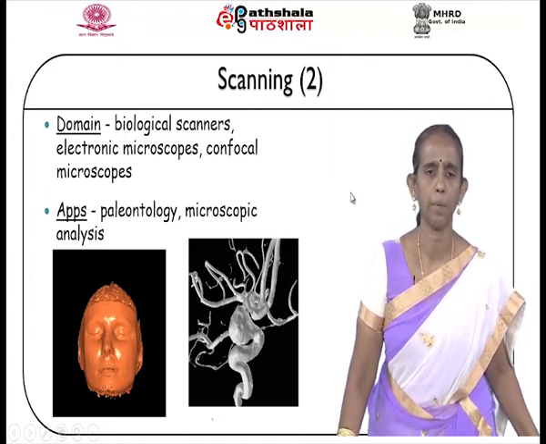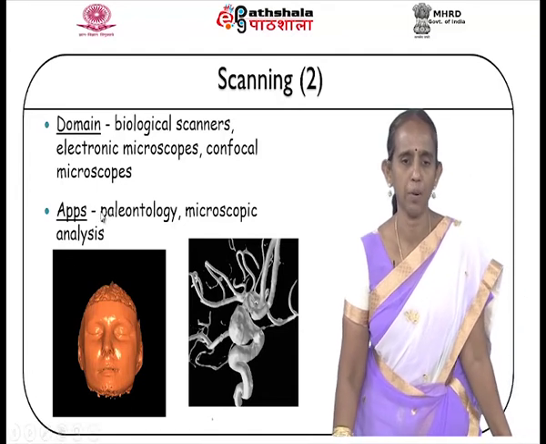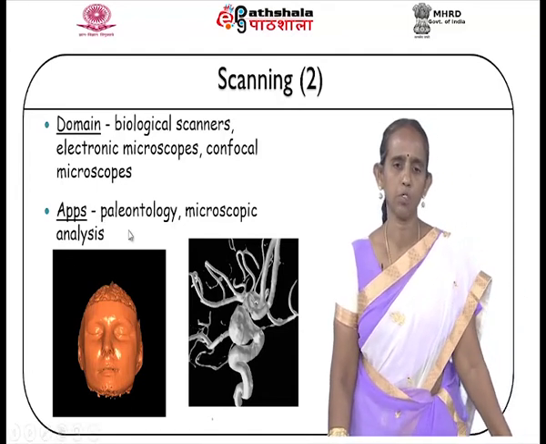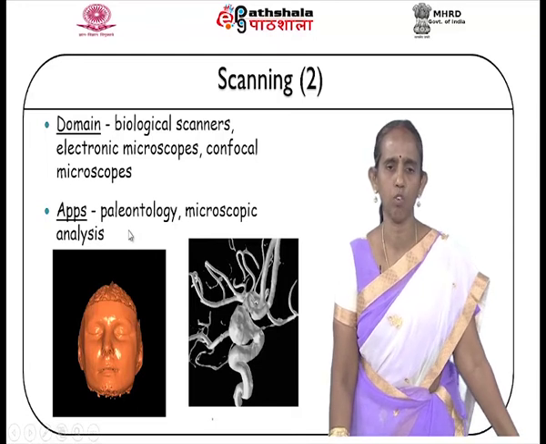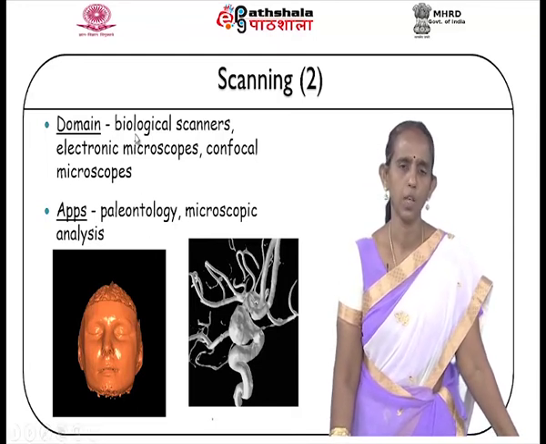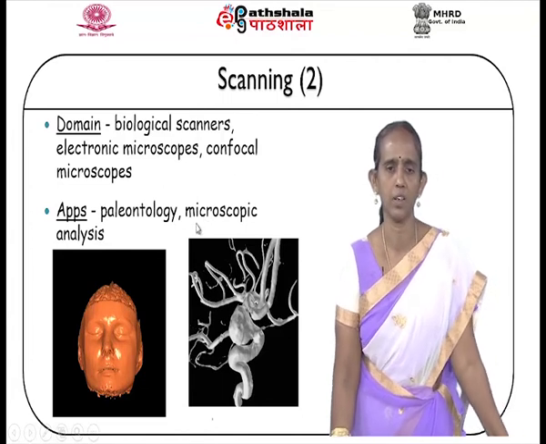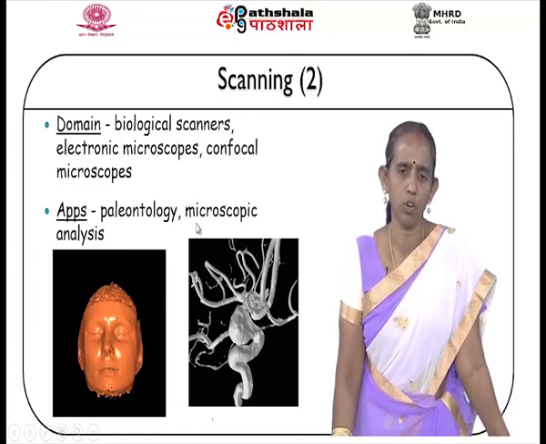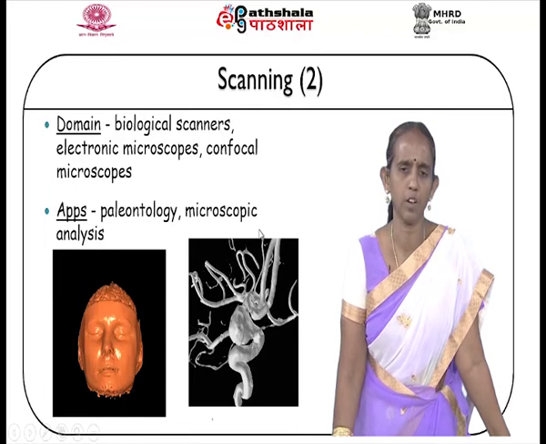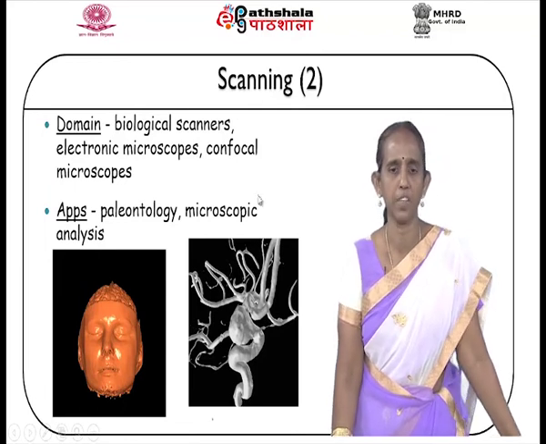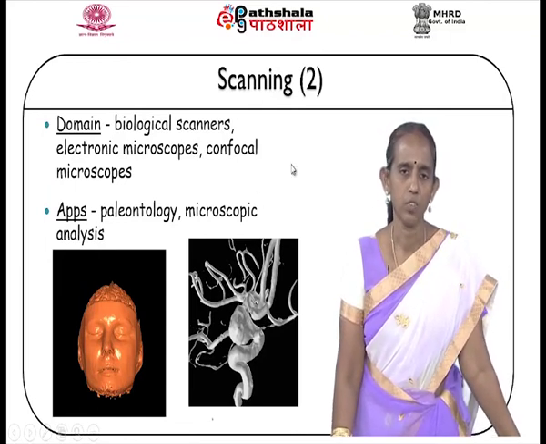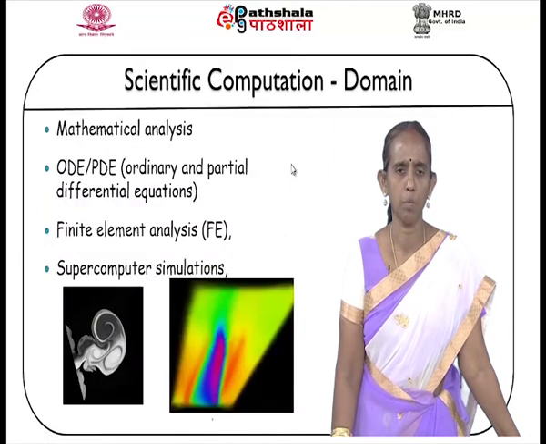Some of the applications are in paleontology, where it is possible for us to inspect an entire fossil using these biological scanners. It is also possible to perform microscopic analysis with the help of these scanners. So these are certain applications.